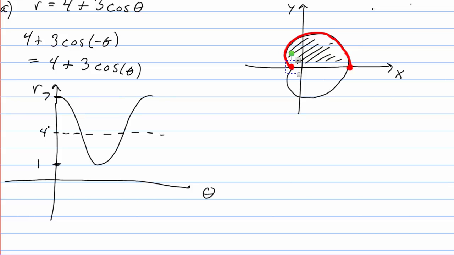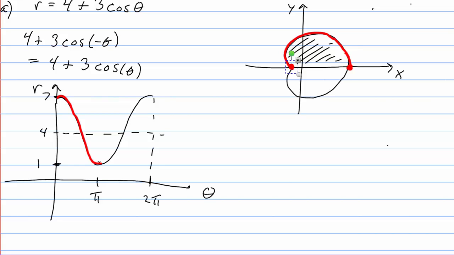So this would be pi, this would be 2 pi. What's happening is the red portion that I've highlighted corresponds to this portion of 4 plus 3 cosine theta.